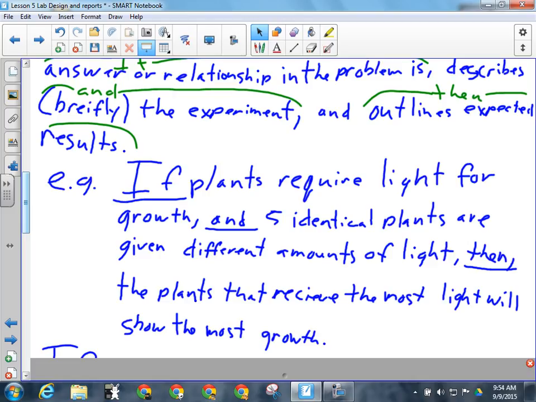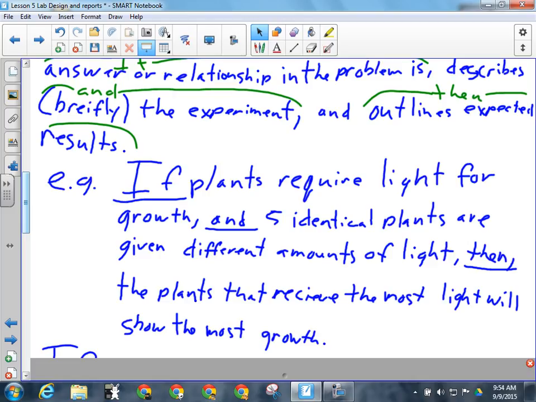So the hypothesis is usually the thing that requires the most practice and most thought when you're writing up a lab report. And honestly, when I read a hypothesis, if the hypothesis is good, generally the rest of the report is good too, because a person has really thought about what they're doing in the lab.